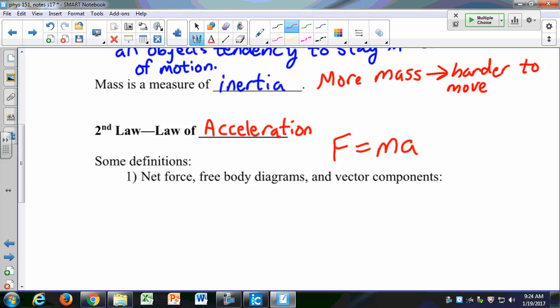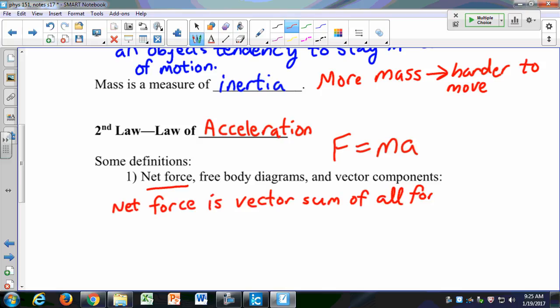Now let's just sort of define a few things here. First of all, the net force is the sum of all the forces. Or in particular, it is the vector sum of all the forces. So for example, if I have an object here and it has forces acting on it, let's say that one force has a value of 2.